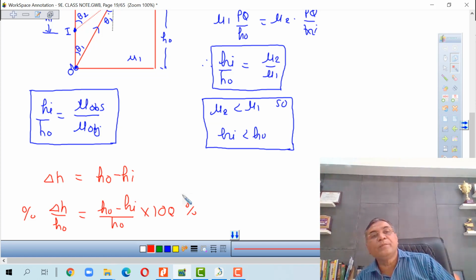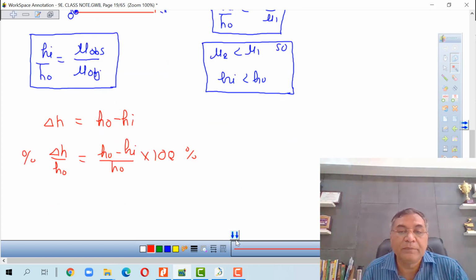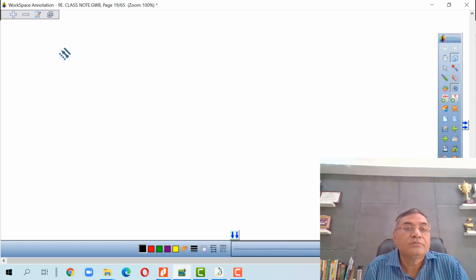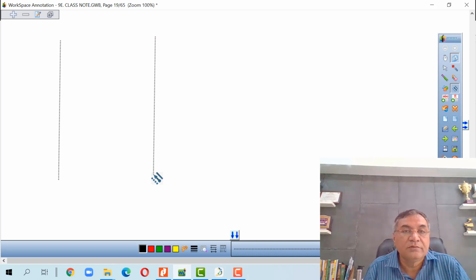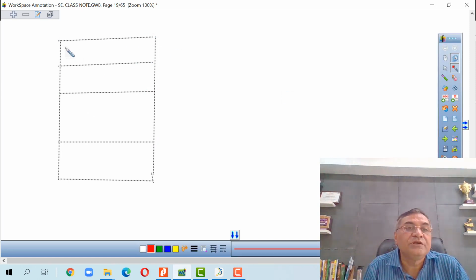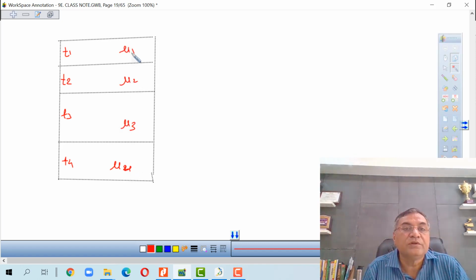Now suppose there are many layers, more than one, one liquid over another, another over the third, and there are many layers. So what should I do? Suppose there are many layers of immiscible liquid, then what is the total shifting? For that you just add. Suppose this is thickness T1, thickness T2, thickness T3, thickness T4, with refractive indices mu4, mu3, mu2 and mu1.